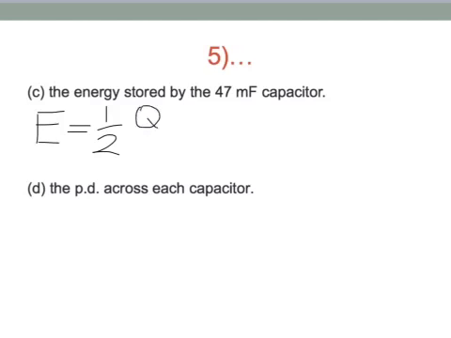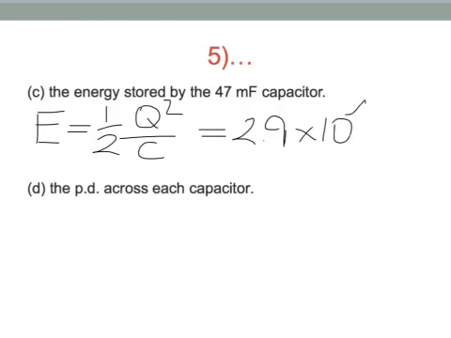So that's Q squared over C. Being careful to use the 1.65 times 10 to the negative 1 coulombs for the charge, the total charge we just found before, and dividing it by 47 millifarads, you should in theory get 2.9 times 10 to the negative 1 joules, of course, for energy.